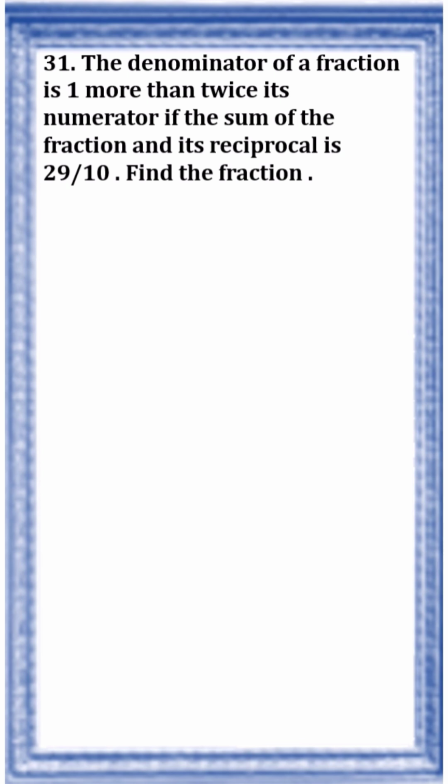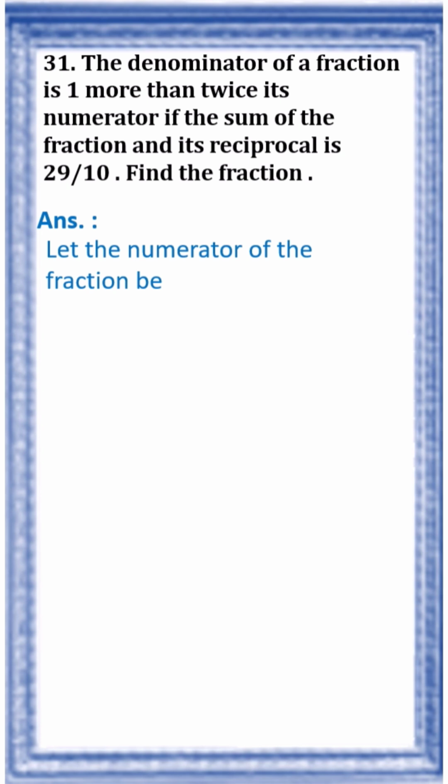The denominator of a fraction is 1 more than twice its numerator. If the sum of the fraction and its reciprocal is 29 by 10, find the fraction. Now let the numerator of the fraction be x and the denominator becomes 1 more than twice its numerator.